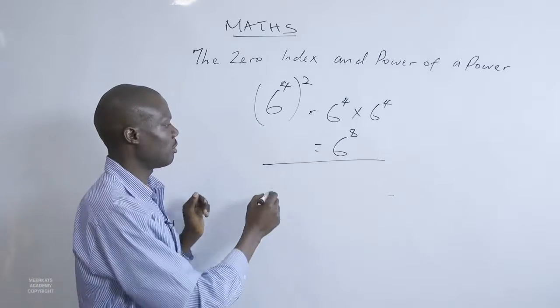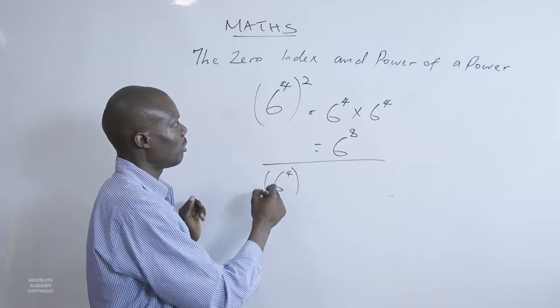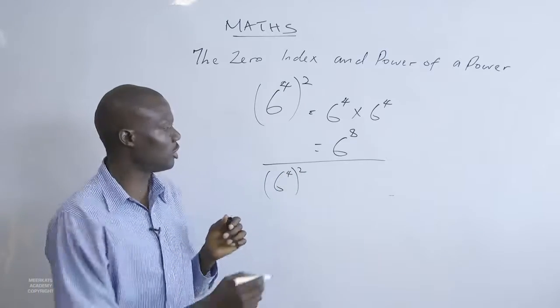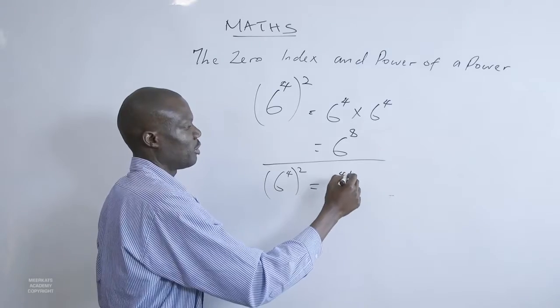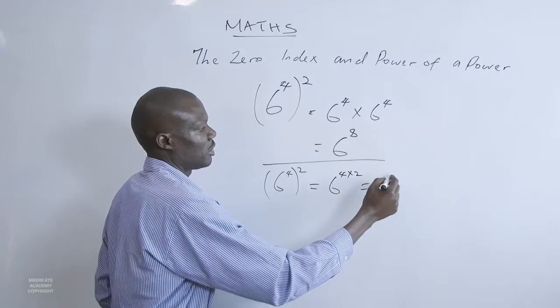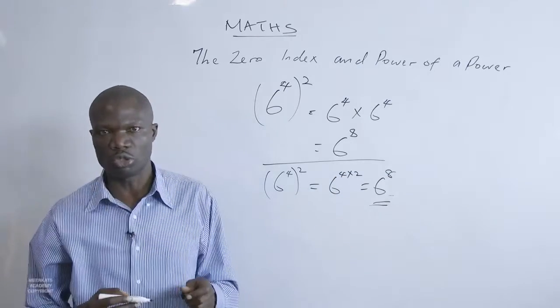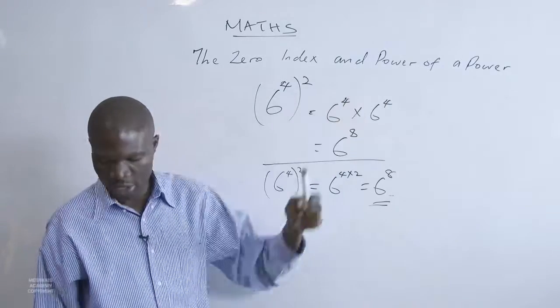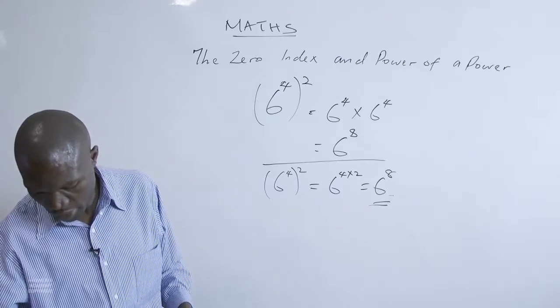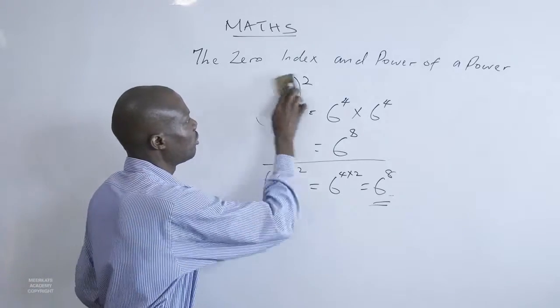Alternatively, we have 6 raised to power 4 times 2, which is 6 raised to 8. That is the behavior of power of power.